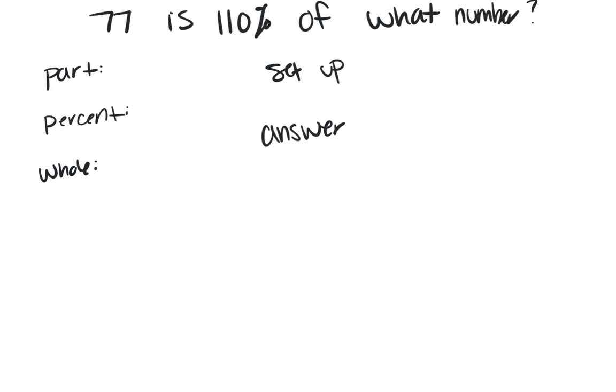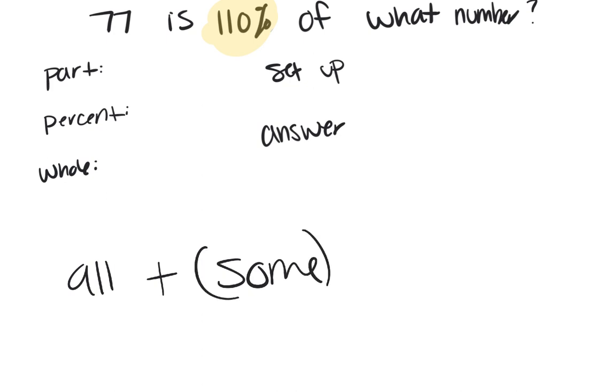Well, the first thing I want to know, what does this 110% mean? Well, 100% of 77 is going to be all of it. So it's going to be more than that, right? So 100% would be saying like all of it plus some, right?